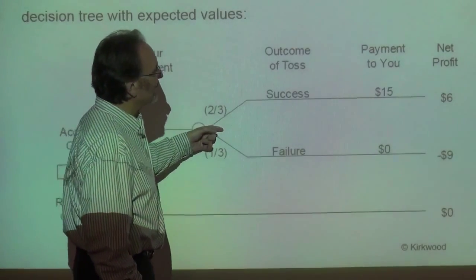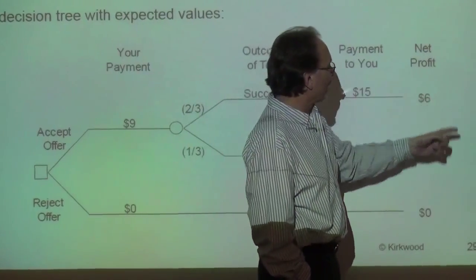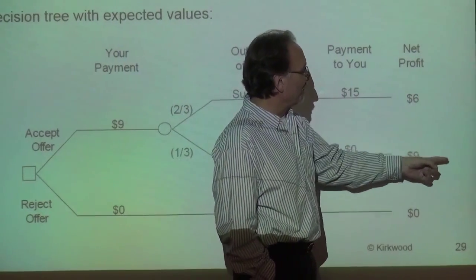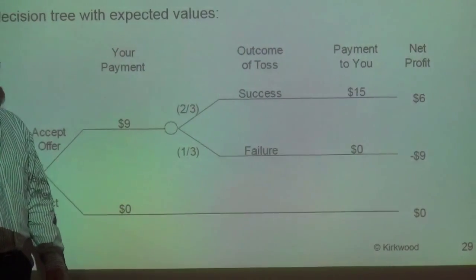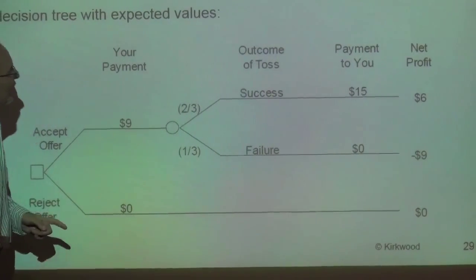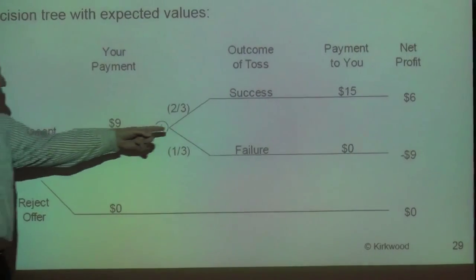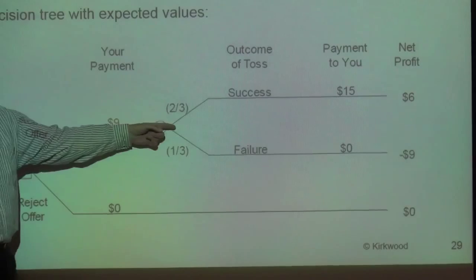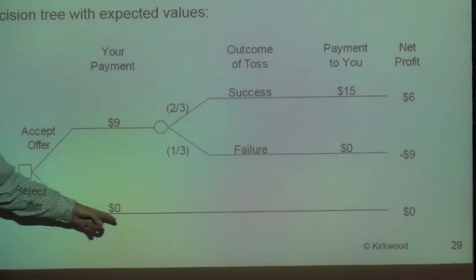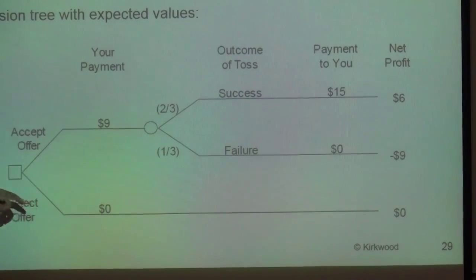The expected value for this node is 4 plus -3, or 1. Which tells me that my expected value is 1 for accepting the offer, whereas it's 0 for rejecting the offer.